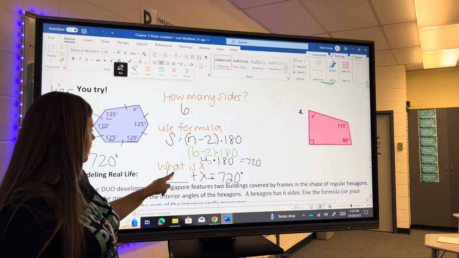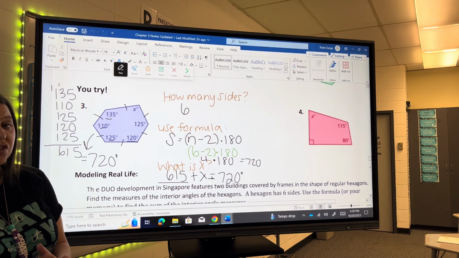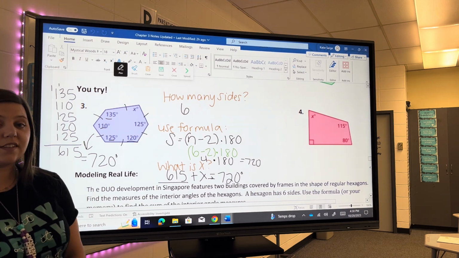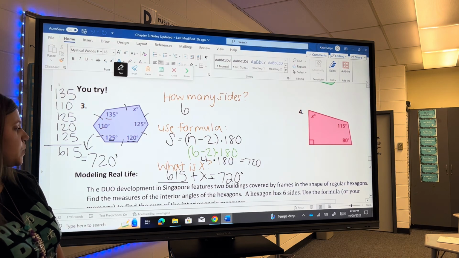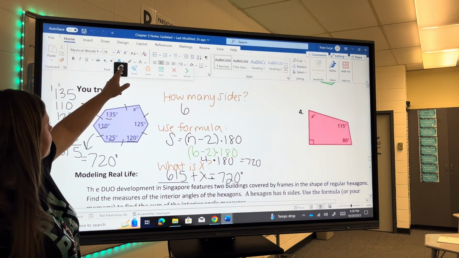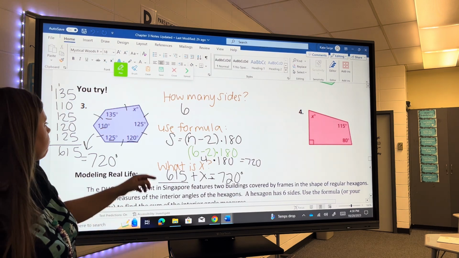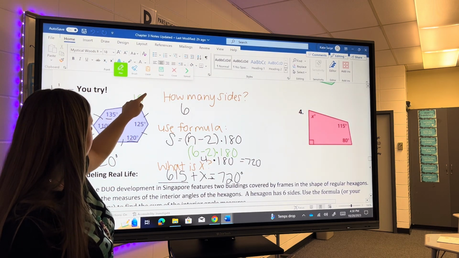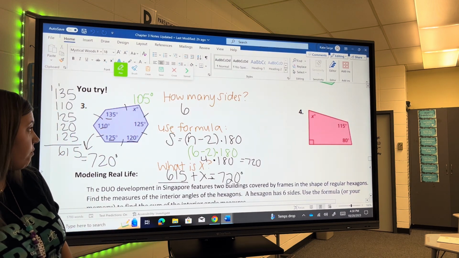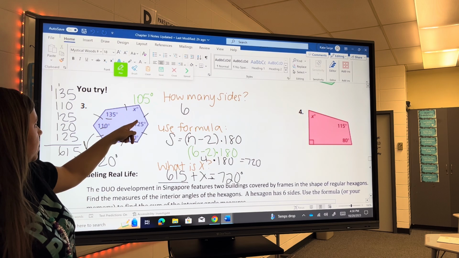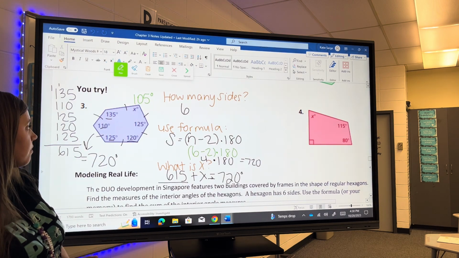We've got 615 plus x should be 720. So take a second to figure out what that is. Did you get 105? Okay, hopefully. And that number is pretty close to all of these other ones, so it makes sense, okay?